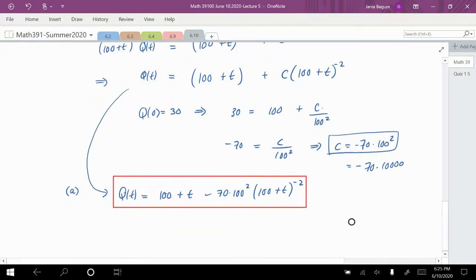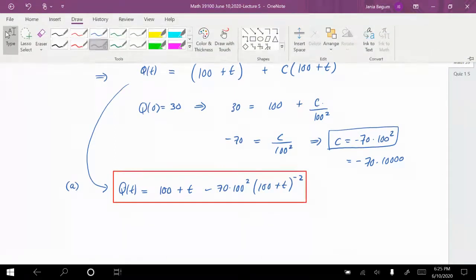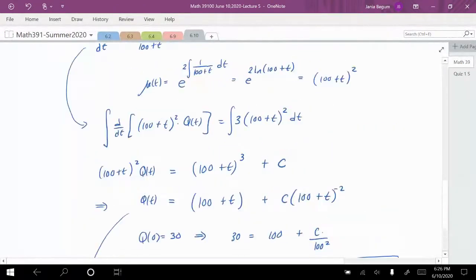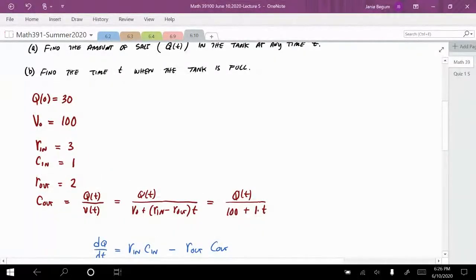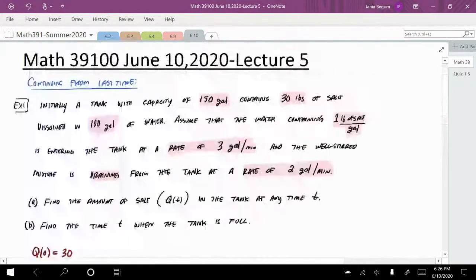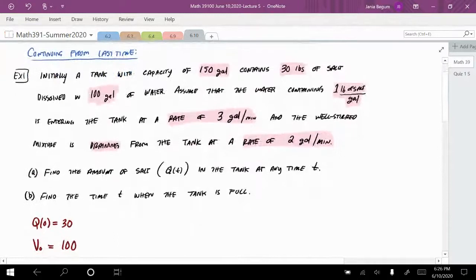Okay. All right. So what about part B? What do we want to compute for this second part? We want to know the time when the tank is full. How do you approach it? When will the tank be full?